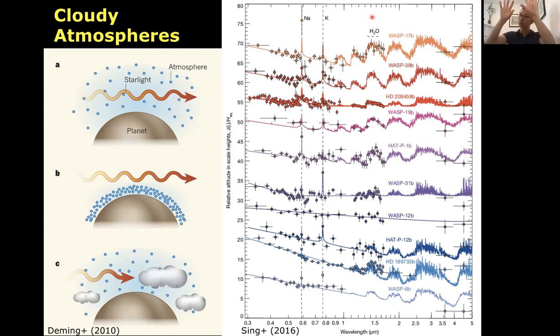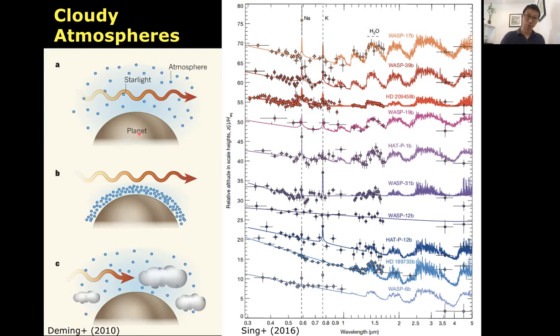Some planets have very clear water amplitude, some planets almost no water amplitude. One of the very strong implications is you have clouds suspended in the upper atmosphere, blocking the water absorption lines. So you do not see those water features.